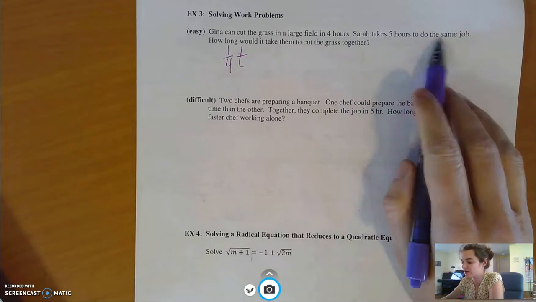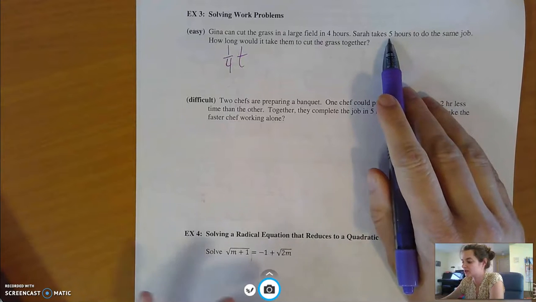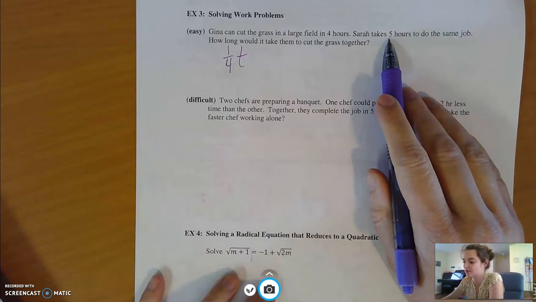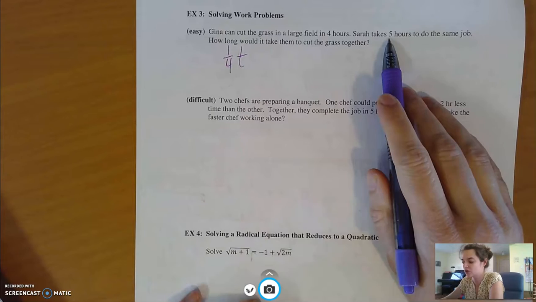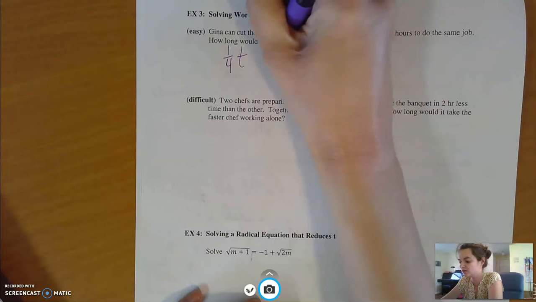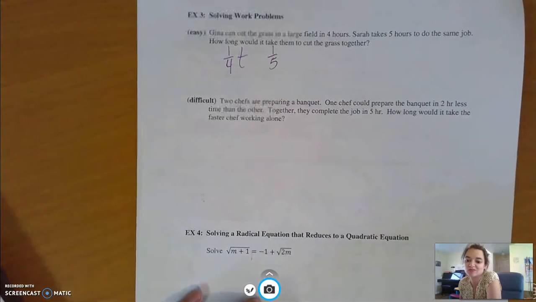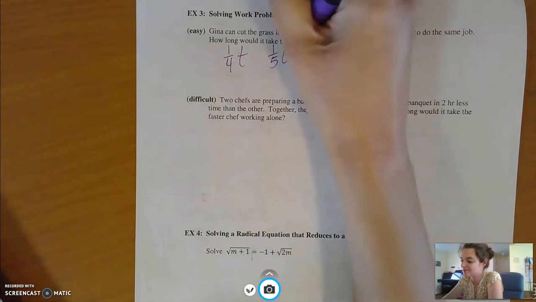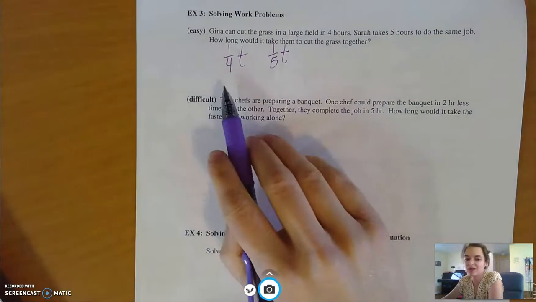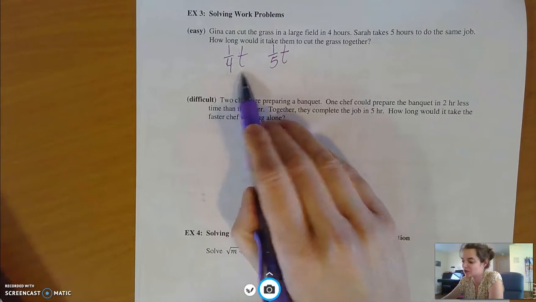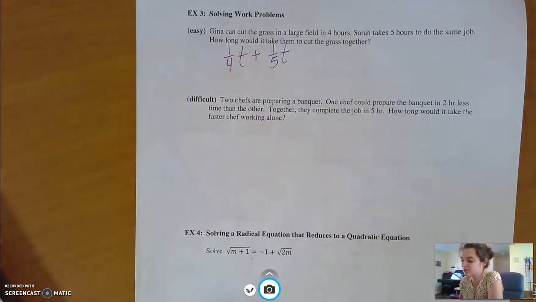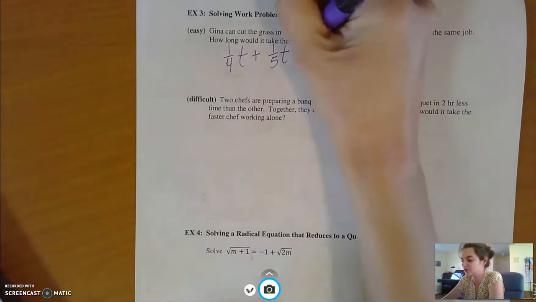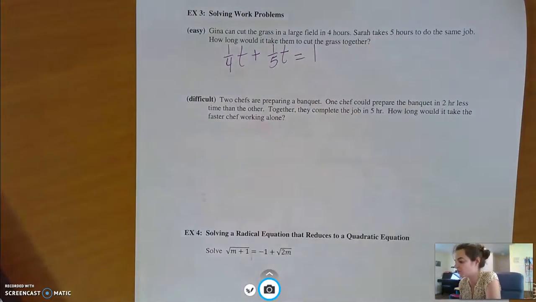Sarah takes 5 hours to do the same job, so her rate would be 1/5, because she would cut 1/5 of the whole field each hour, times time. And then they're going to work together, so Gina's work plus Sarah's work equals 1 job or 1 field.